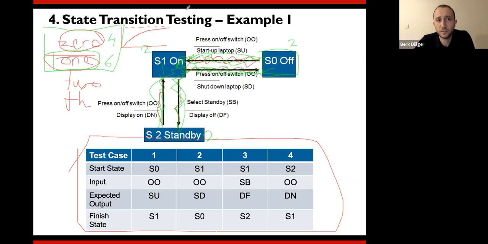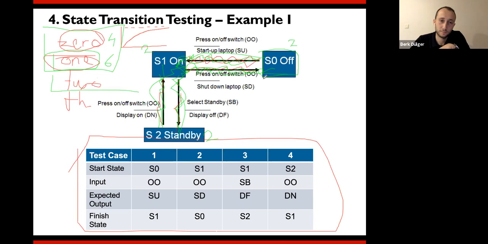If you have any questions regarding state transition, if we would use 2 switch coverage, we need to figure out the paths with 3 transitions.